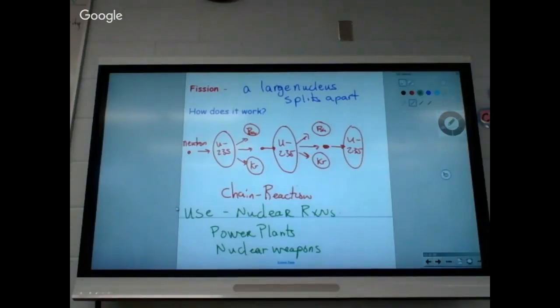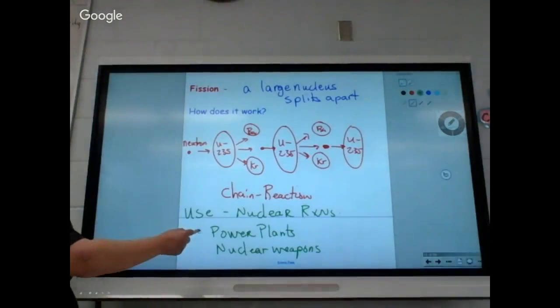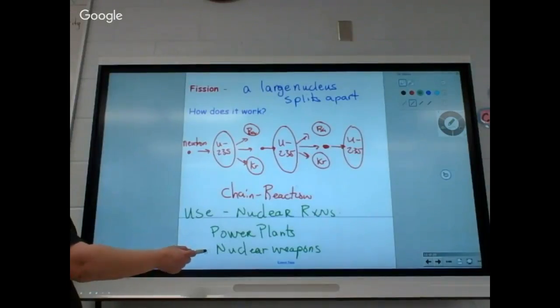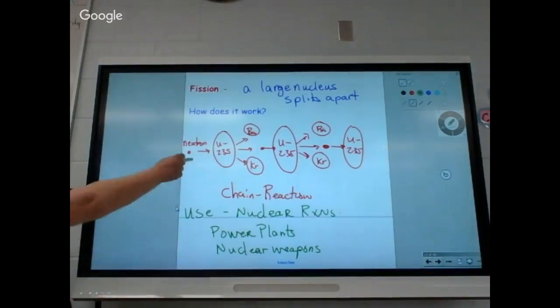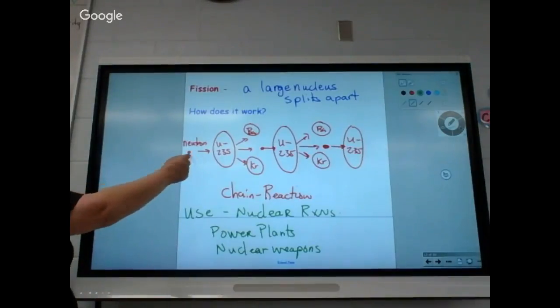Now, fusion is when things come together. We cannot use fusion on the Earth. Okay? We can't control it. We can control fission. We can control a power plant. Nuclear weapons are designed not to be controlled. This we can't. This is what we use when we use a nuclear weapon.